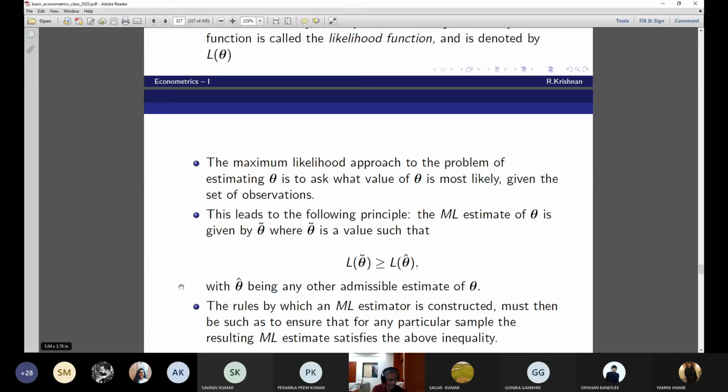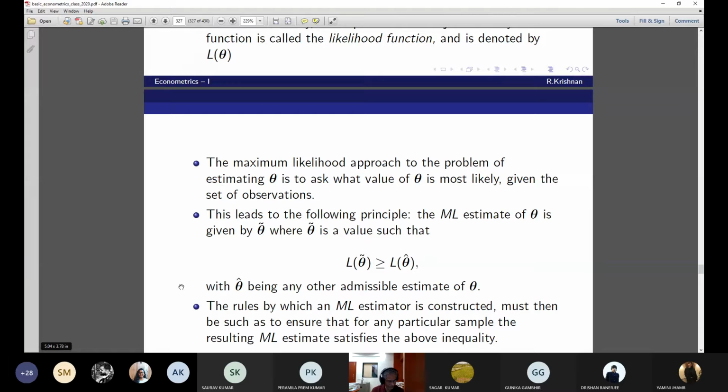The joint density function: I have drawn a sample from a distribution which depends on a set of parameter vector. My idea is to maximize the probability of having obtained that sample. But how will you do it? So consider the other problem. Now that you have drawn the sample, it is now fixed numbers. So look at the other problem.